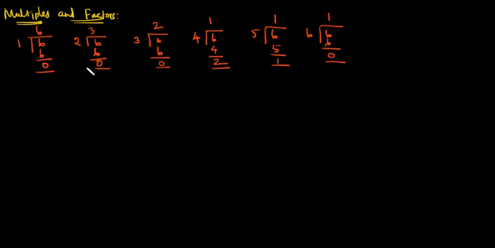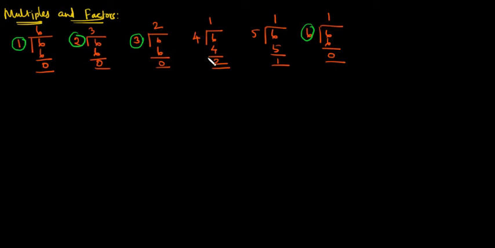Can you see the remainder? For some divisions we have remainder 0, but for some divisors we have a remainder other than 0. So what are the divisors of 6? The divisors of 6 are 1, 2, 3, 6, because when we divide 6 by these numbers, we get the remainder 0.